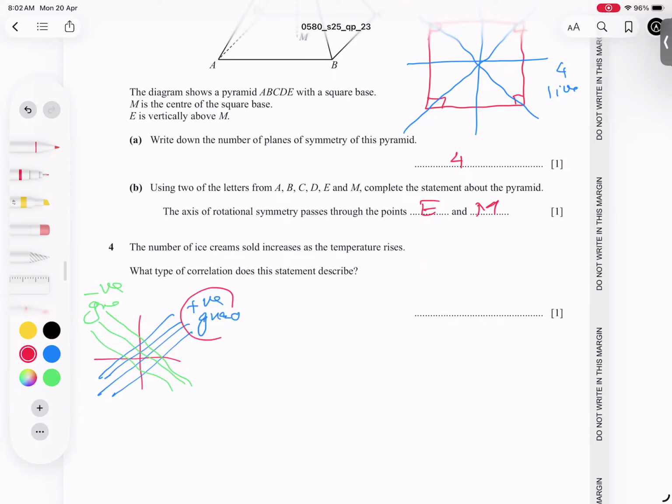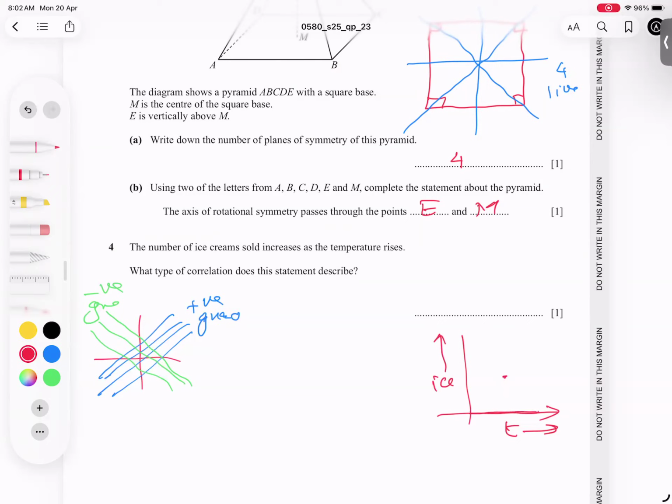So this is called positive correlation. This is called negative correlation. Now we'll try to make it. He said that if the temperature rises, the number of ice creams sold also rises. For example, I have this, so the number is here, I got this.